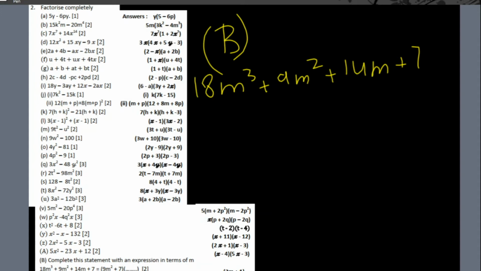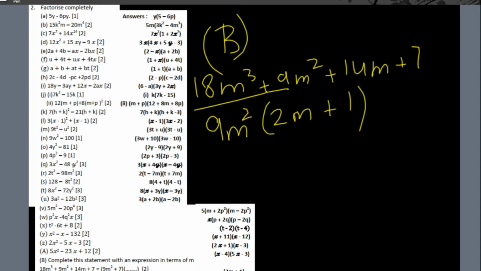So 9 and m are common in the first two expressions, so let's take that out. 9m square is common, so we're left with 2m plus 1.